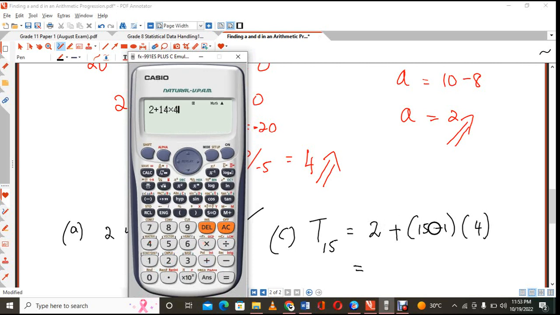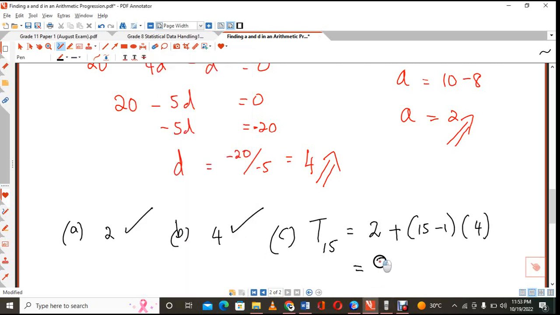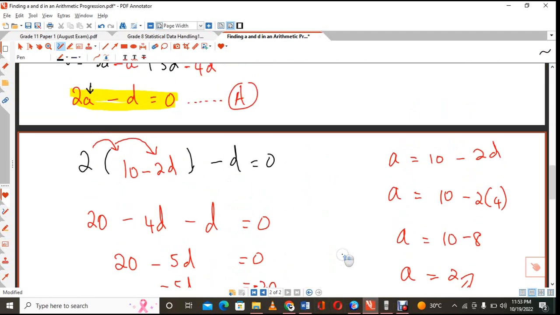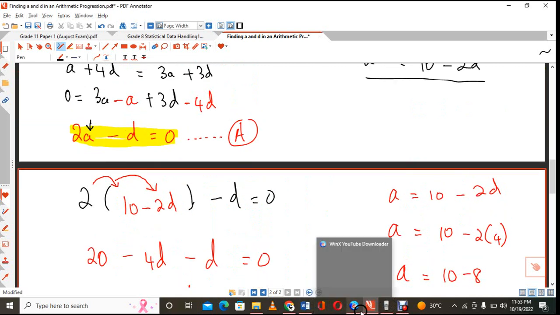The 14 comes from 15 take away 1, and then you get 58. So therefore, the 15th term is equal to 58. In a nutshell, that is how you will be solving such a question. Good.